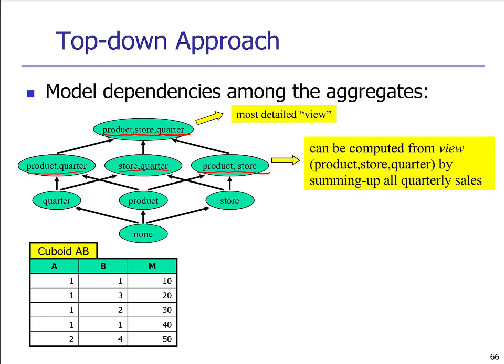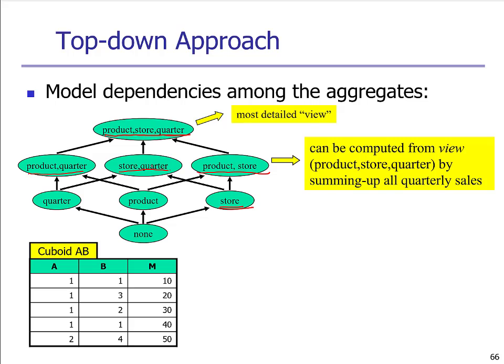And for example, store depends on product store or store quarter. It doesn't matter which one you use. You simply do the aggregation on product, and you will get the view of store.